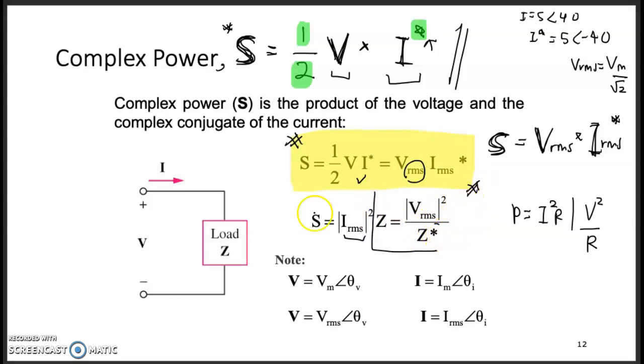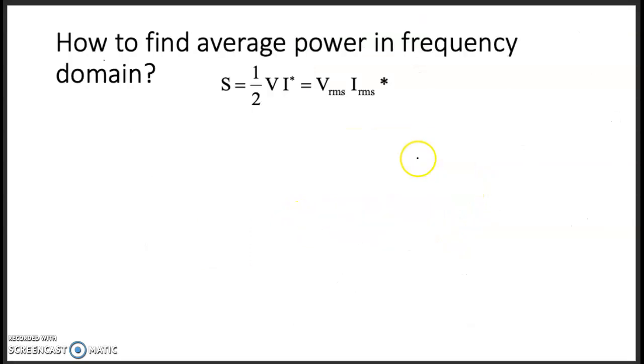Okay, but we seldom use this formula. The one that we are going to always use, you need to hold to this formula: half V I conjugate equals V RMS I RMS conjugate.